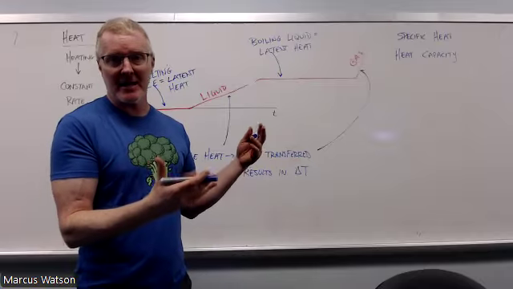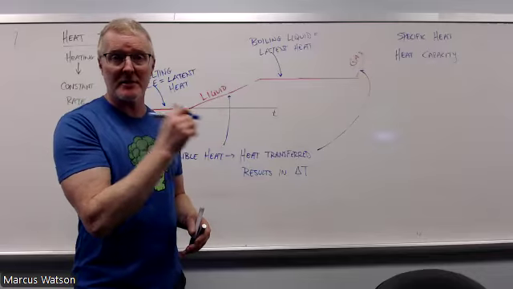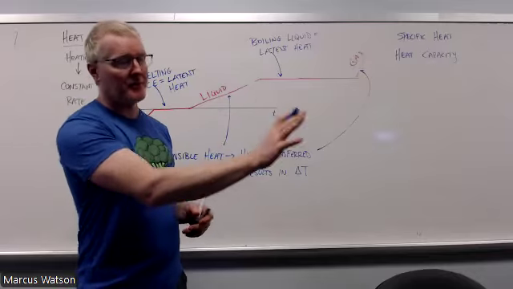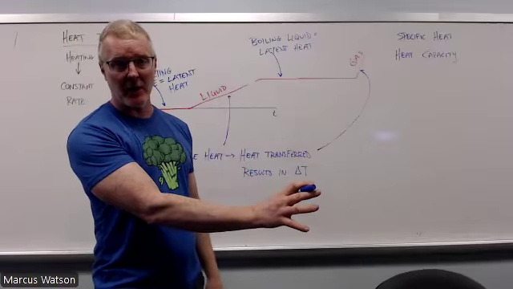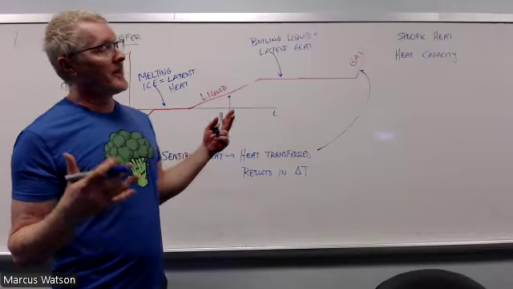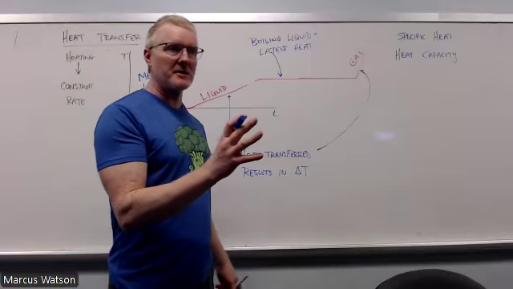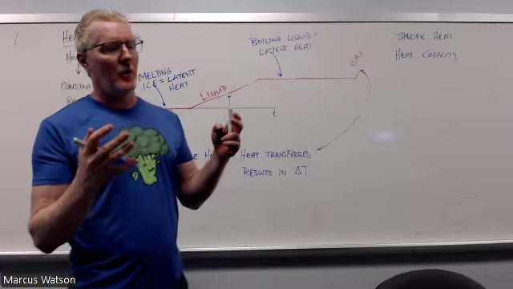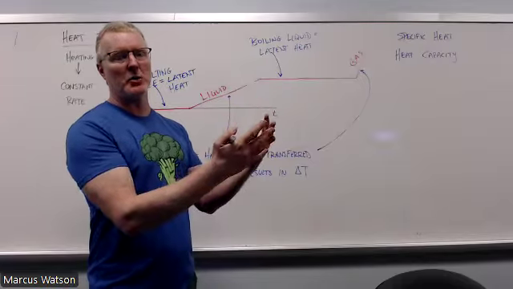How much tendency does this object have to accelerate when a force is applied to it? If it's a ping pong ball and I push the ping pong ball, really easy to get it going. If it's a Volkswagen, not so easy to get it going. So the idea is that even if I apply the same force, if it's a larger inertia, it doesn't pick up speed quite so quickly.